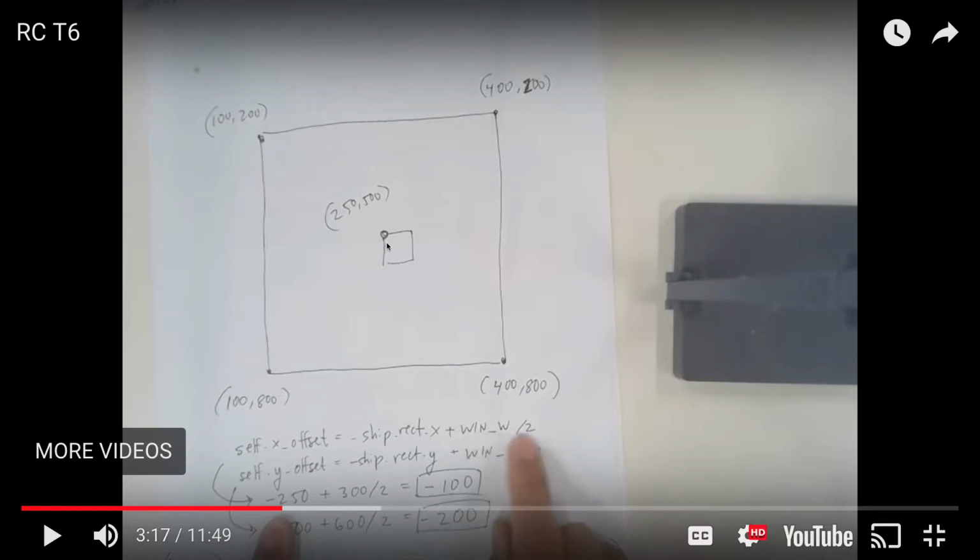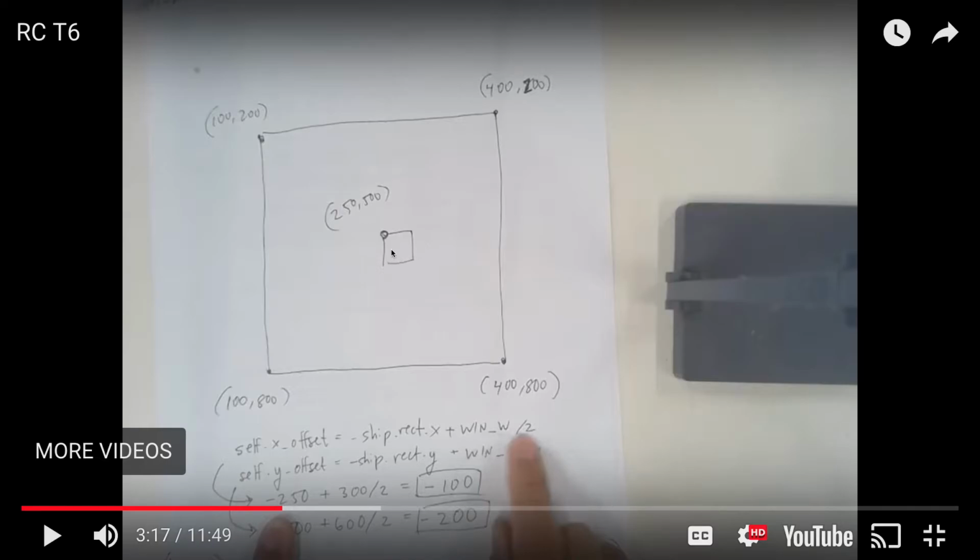So if the ship moved to the right 50 units, then our X position would be 150 and our Y position would stay the same at 200, right? What would our X offset be calculated as for the camera entity or the camera object? Well, it'd be the flipped, right? The sign would be flipped, so it'd be negative 150 as the ship moves 50 units to the right.